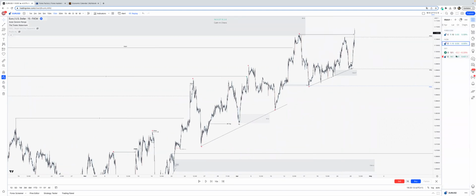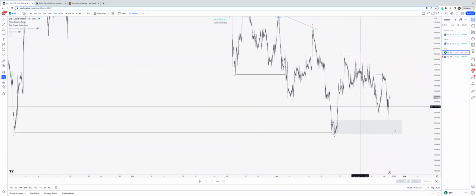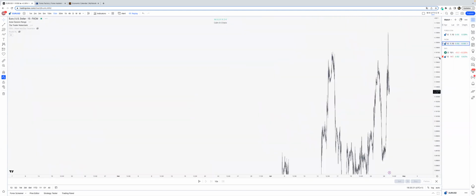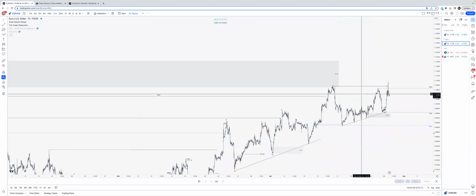DXY, it's probably the opposite. Yeah. I was looking for longs here, so we can actually. So DXY stayed within this area. It didn't come below.